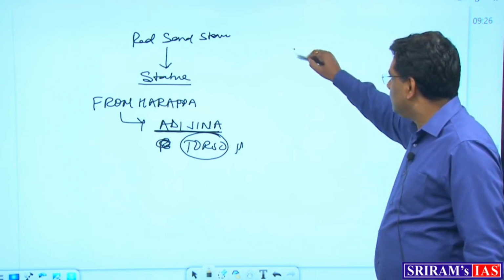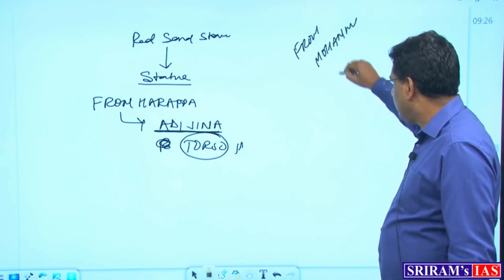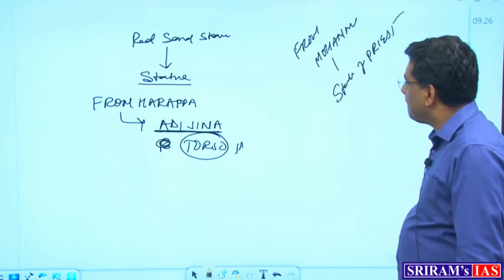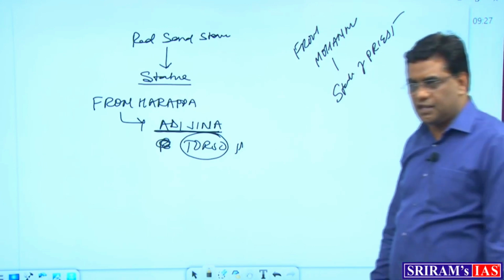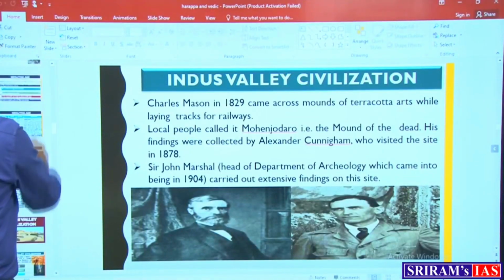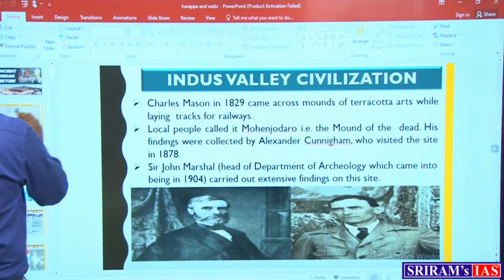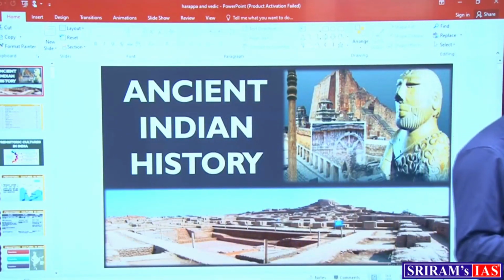From Mohenjo-daro, we have found the statue of a priest. This priest was very fashionable. Look at this priest.